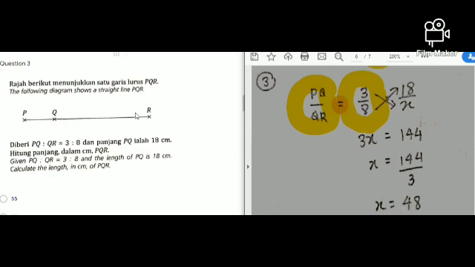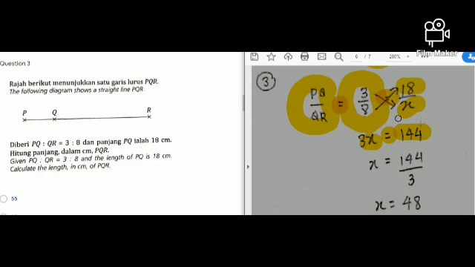And in this question, it says that PQ is 18. That is why you write 3 equal to 18 over the unknown. You don't know the length of QR, so for the unknown number, you just write x. To find x, you do the cross multiply. 3 multiplied by x, you will get 3x, equal to 8 multiplied by 18, you will get 144.